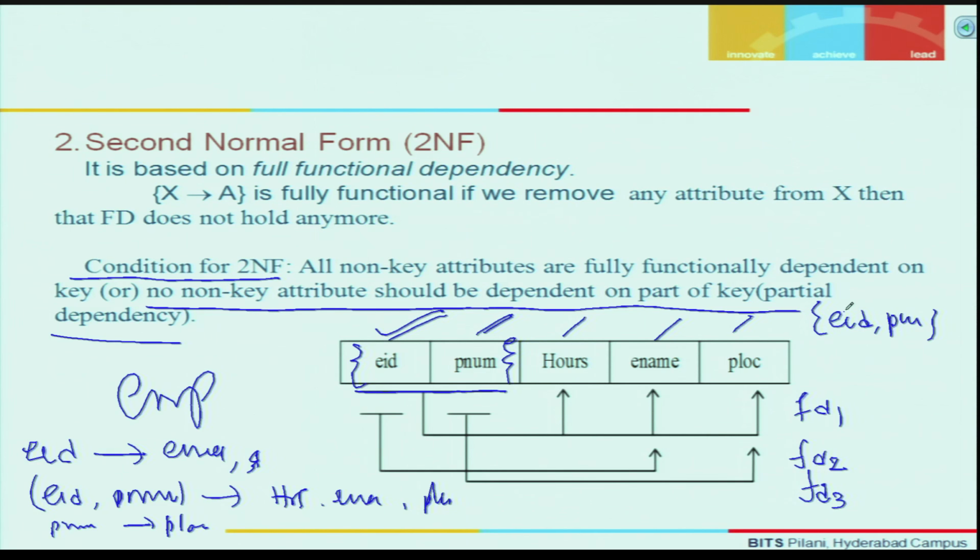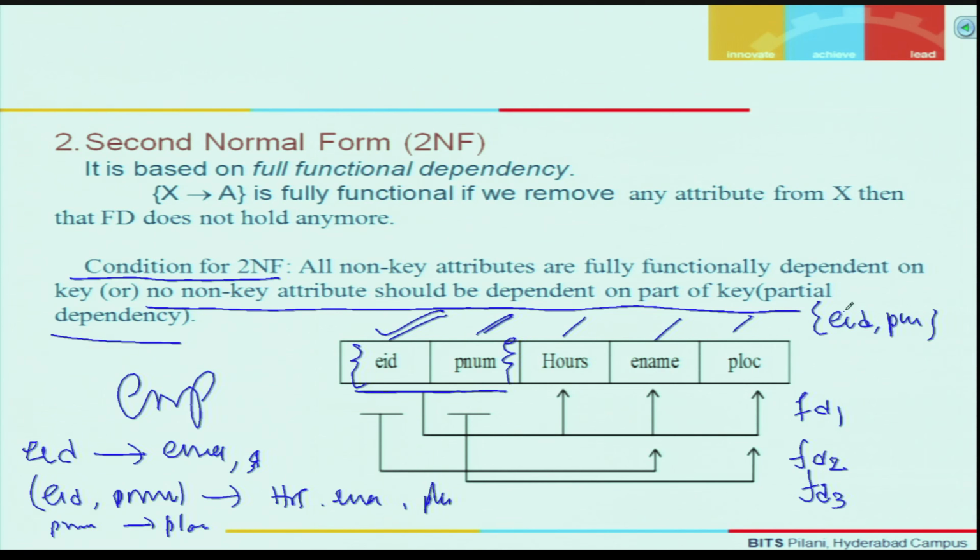We assume that all the relations we are going to check from now onwards are by default in first normal form. Let us check whether it satisfies the second normal form condition or not. Take any functional dependency and any non-key attribute.